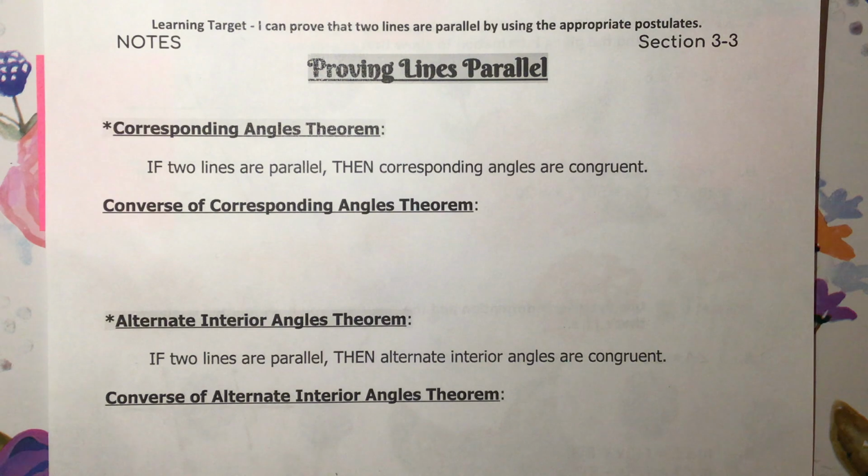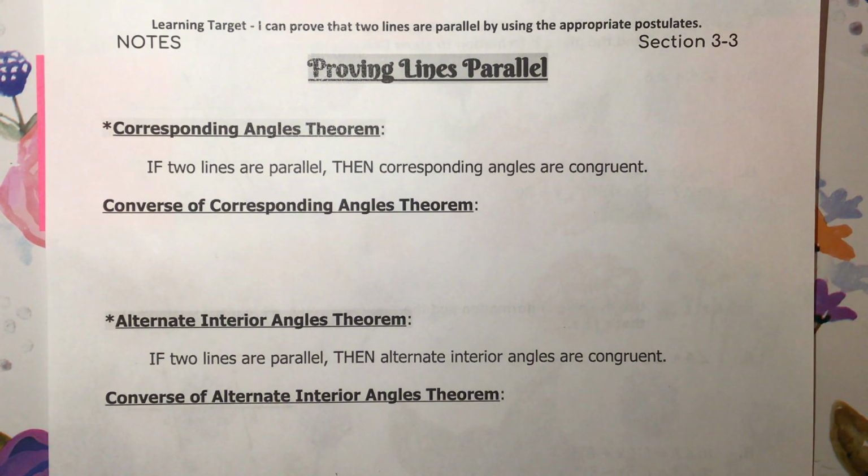We are continuing in Chapter 3 for geometry, and we've been talking all about what happens with angle pairs when a transversal intersects two lines. Well, now we're going to go in the opposite direction. Before, we were told these lines are parallel, now say something about the angles.